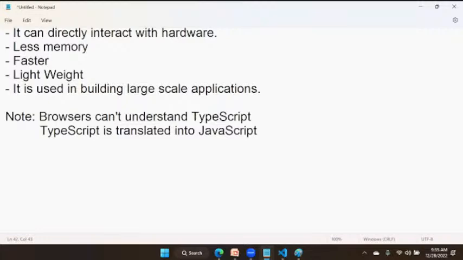Why? Because whatever features I need as a developer are not provided by JavaScript. I want reusability features, I want extensibility features, and they are not supported by JavaScript, so I take help of TypeScript. TypeScript is written, translated into JavaScript, and given to the application.